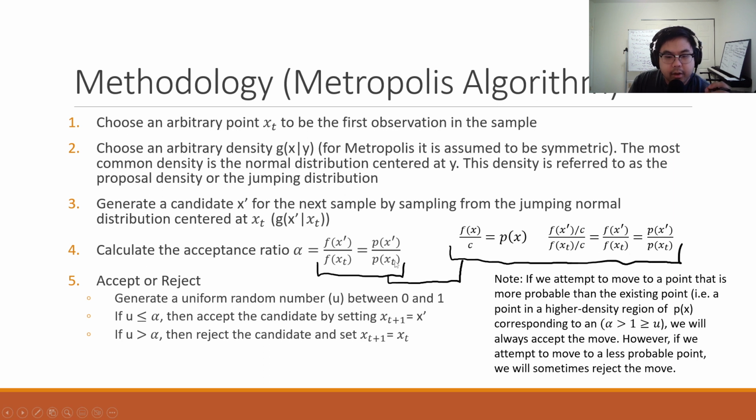So we're essentially accepting this new point if this ratio is greater than one, if the new point has more density under it than the last point. And I'll have a graph on the next slide explaining this. But if it's less than one, we accept it with the probability of the ratio. And notice in this case we're always accepting if the ratio is greater than 1. That means we're moving towards the density of this distribution iteratively.